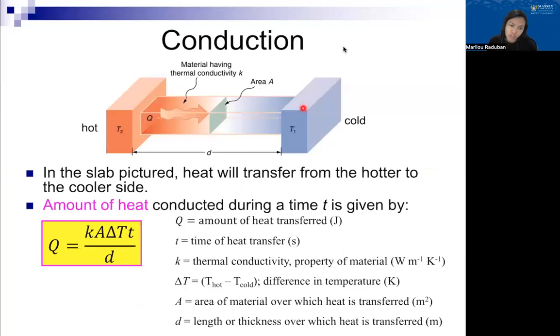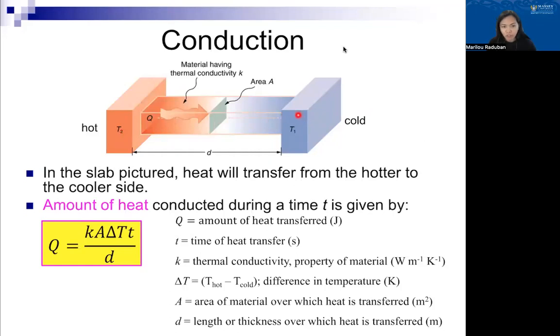The condition is that the two objects need to have different temperatures to begin with, and then they need to be in direct contact with each other. Heat will now transfer from the hot object to the cold object.